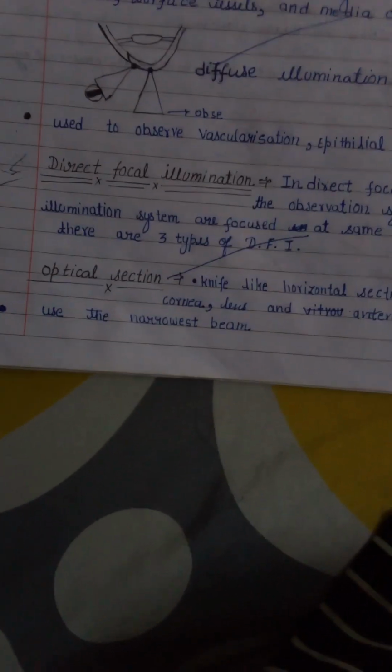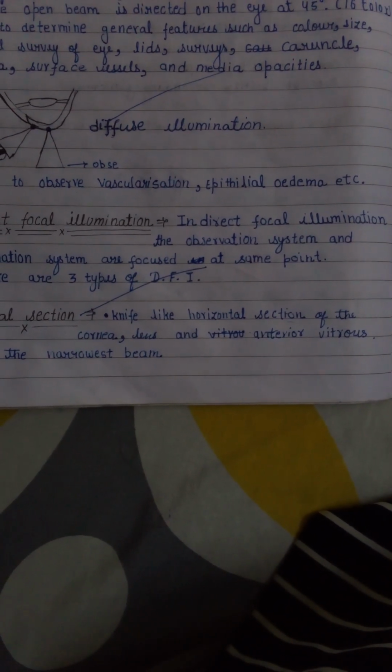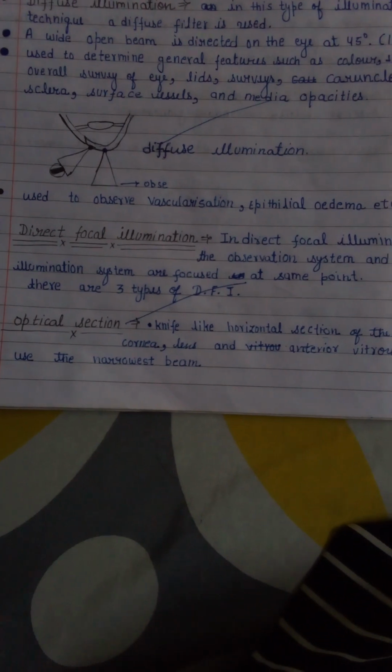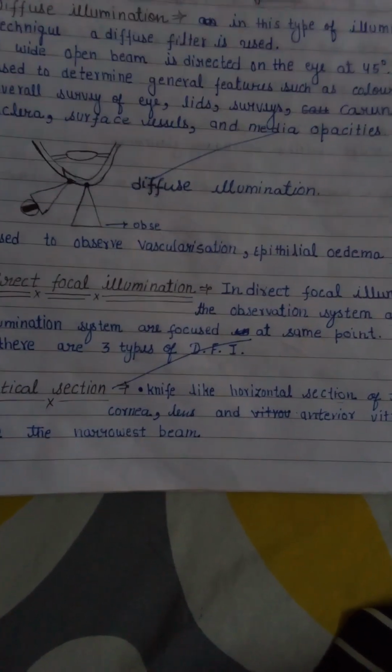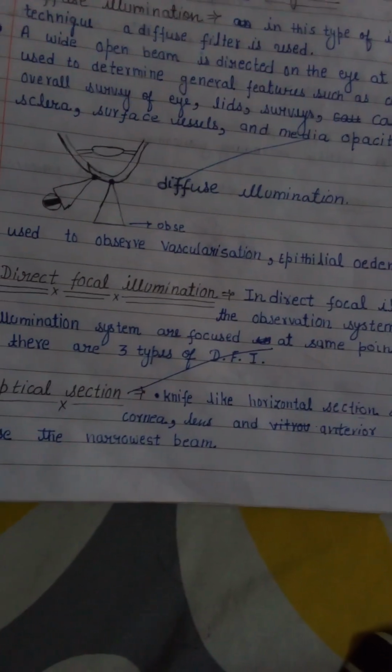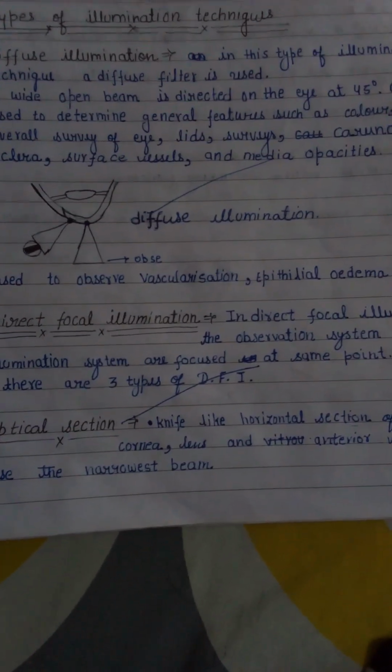The first one is optical section, a knife-like horizontal section of the cornea, lens and anterior vitreous, using the narrowest beam. Optical section is a type of direct illumination, in which we use the narrowest beam.